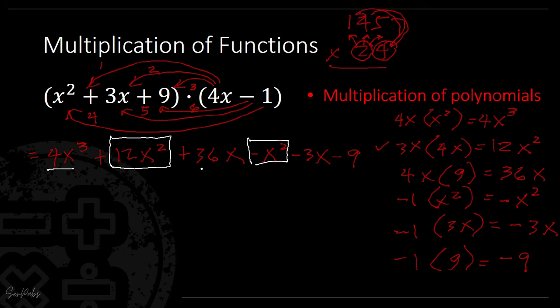Si 36x ay kamukha ni negative 3x. Si negative 9, wala rin kamukha. Yung dalawang mayroong square, magkamukha yun. Kahit na hindi magkamukha ang numerical coefficient, magkamukha naman yung kanilang variable x or the literal coefficient at saka yung exponent or the degree.